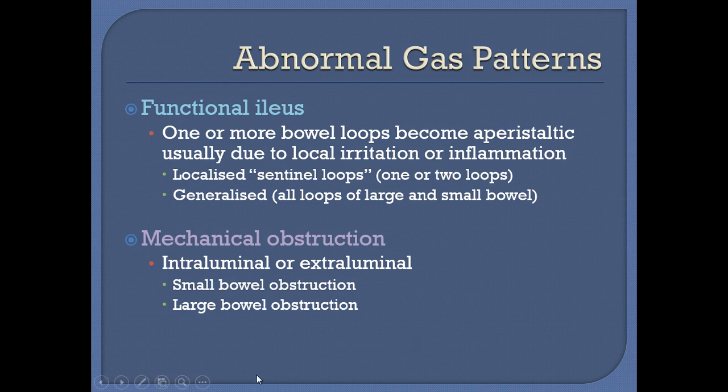It can cause mechanical obstruction and it is intraluminal, and it can be extraluminal, meaning some enlarged lymph node, some mass, some retroperitoneal tumor or some intraperitoneal tumor can cause compression over the bowel loops, resulting in proximal bowel loops obstruction. Mechanical obstruction also can be of the small bowel or the large bowel.